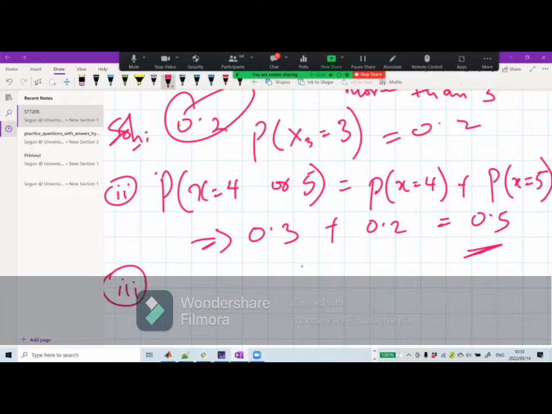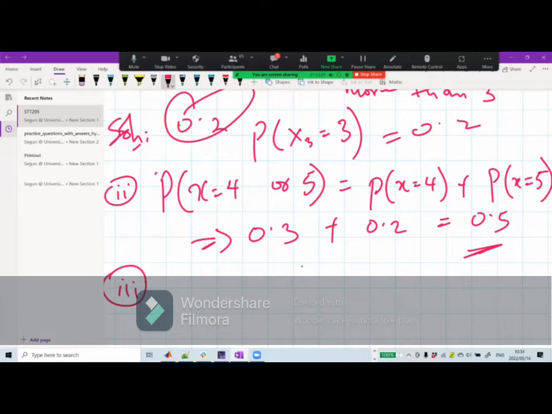The third question, please. What is the probability that the value of the throw will be more than 3?